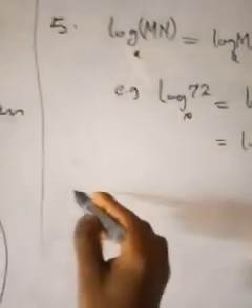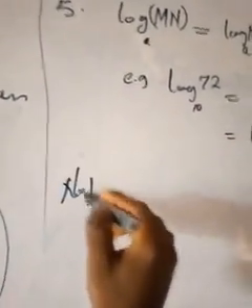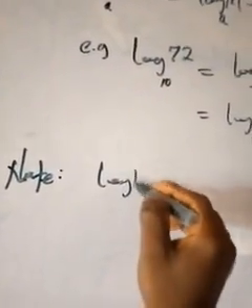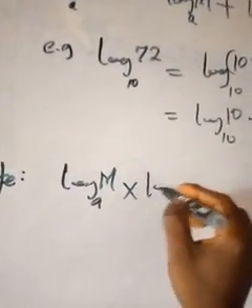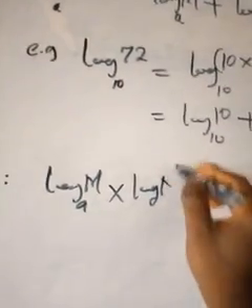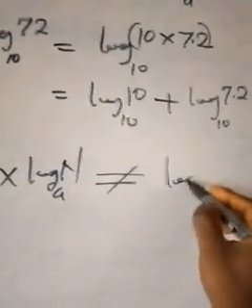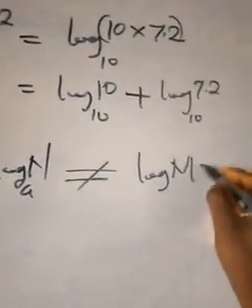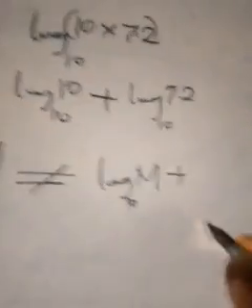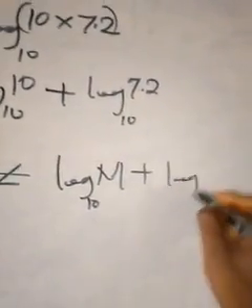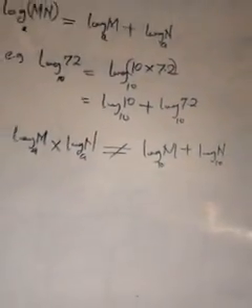Take note that log m base a multiplied by log n base a is not equal to log m base 10 plus log n base 10. We have to take note of this. It's very, very important.